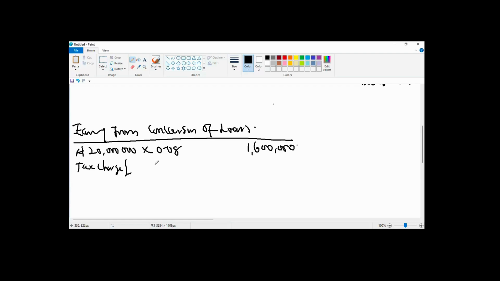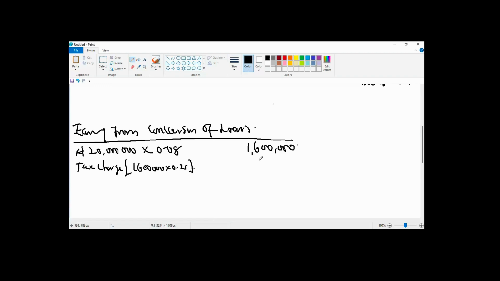They will now go to the question: does it give me a tax rate? Yes, tax rate of 25%. We'll now say 1.6 million times 0.25, which is 400,000.